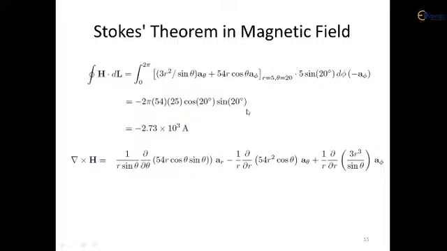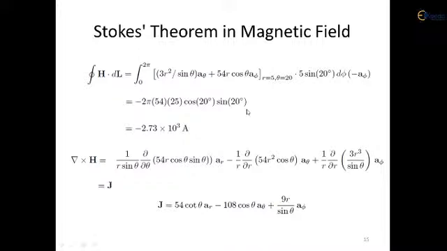So this curl operation, del bar cross H bar, is nothing but the current density, that can also be written as J. So this gives us J is equal to 54 times cot theta AR minus 108 times cosine theta A theta added to 9R divided by sin theta A phi here.